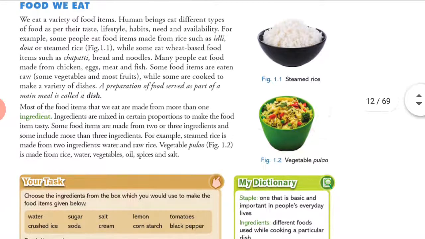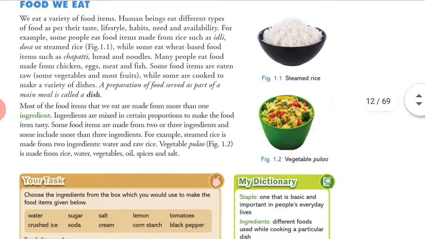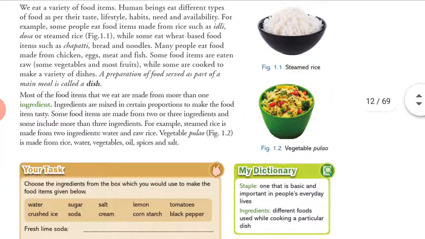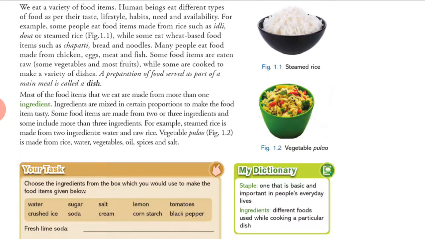For example, some people eat food items made up of rice such as idli, dosa, or steamed rice, while some eat wheat-based food items such as chapati, bread, noodles. Many people eat food made from chicken, egg, meat, and fish. Some food items are eaten raw, some vegetables and most fruits, while some are cooked to make a variety of dishes. A preparation of food served as a part of main meal is called a dish.